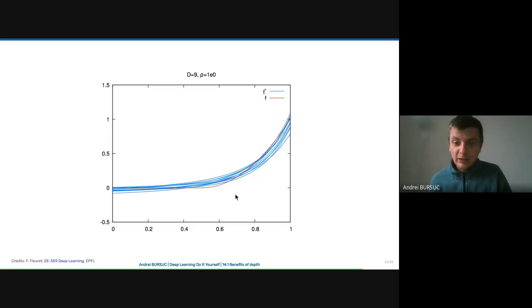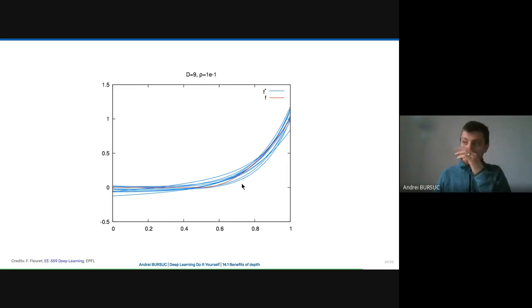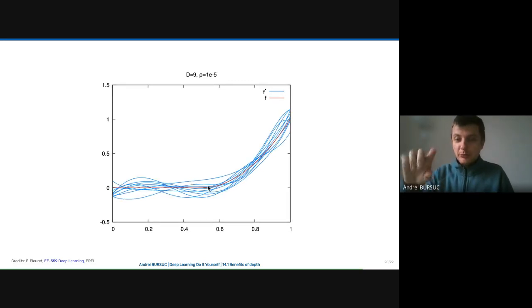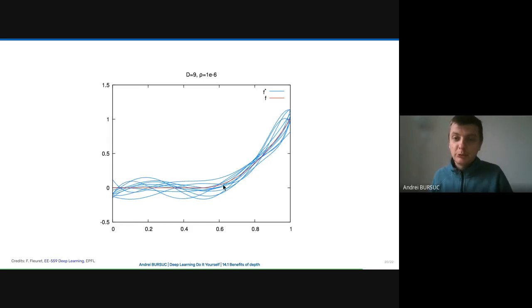We can see that we have a lot more room and a lot more diversity in the solutions. Practically, we give more liberty in the space of the weights, so we have a bigger diversity of solutions. As we start decreasing the regularization, we can see there's a lot more wiggling happening in the solution. Again, these curves start to go towards memorizing the data points.